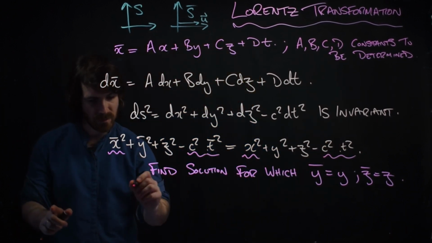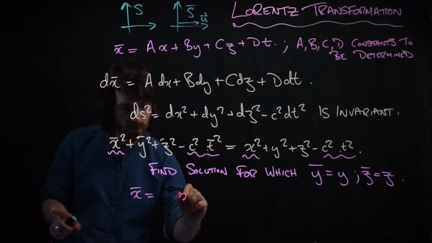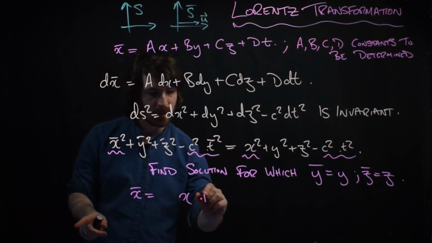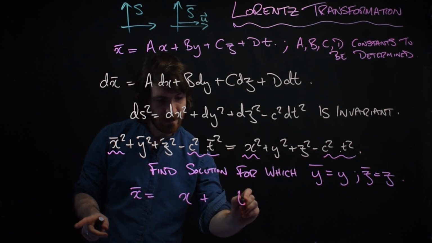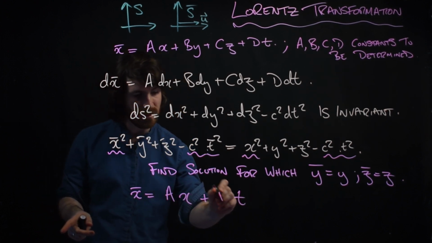So we're thinking about some transformation that lets us write x bar in terms of one power of x and one power of t, and let's give it constants a and b.